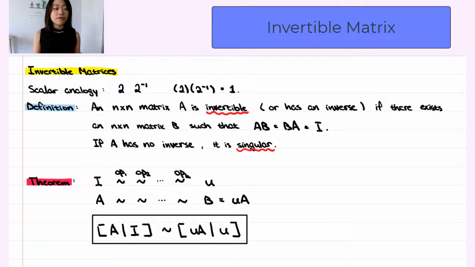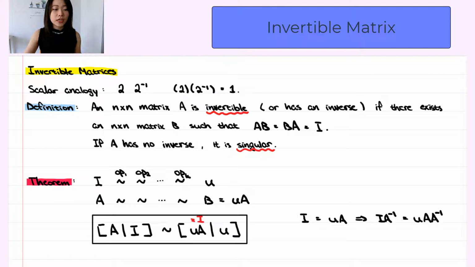Then if we want to find the inverse of A, we can simply write the matrix in this form and reduce matrix A to RREF. And if the matrix is invertible, its RREF should be the identity matrix. So we have identity equals U times A. Then if I multiply A inverse to the right on both sides, I get identity times A inverse equals U times A inverse.